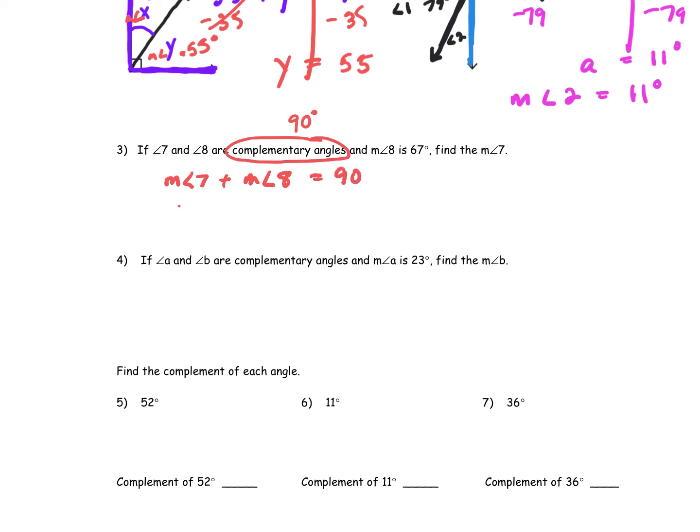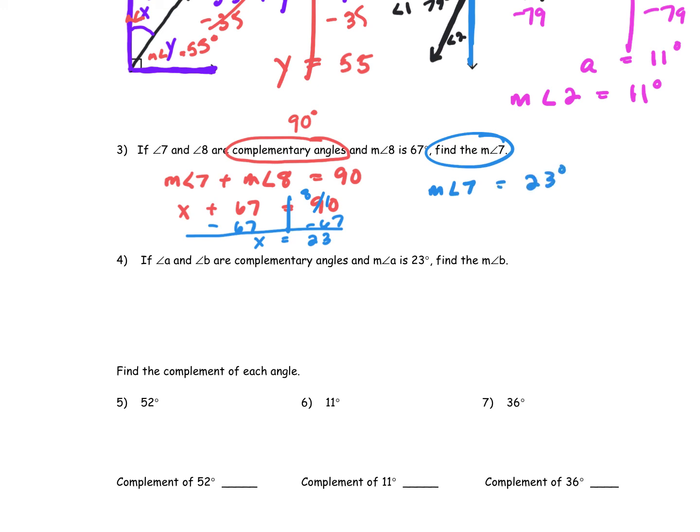We don't know angle 7, so I'm just going to use the variable x. We do know that the measurement of angle 8 is 67 degrees, and together the sum is 90. So we'll solve this by subtracting 67 on both sides, and that gives us x equals 23. So to answer the question, the measurement of angle 7 equals 23 degrees.